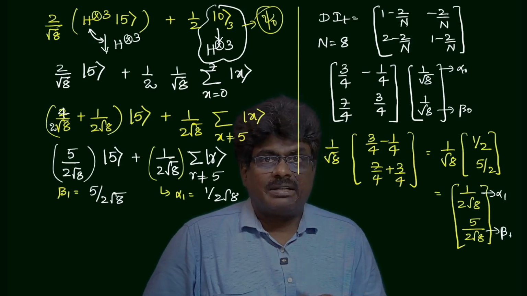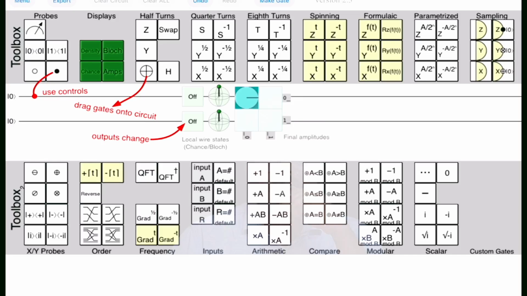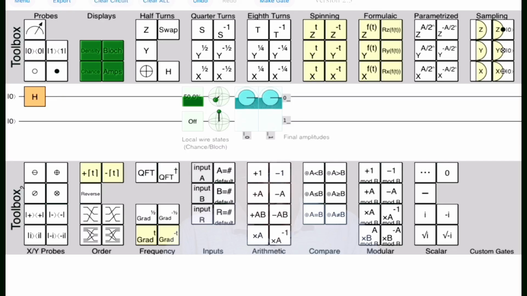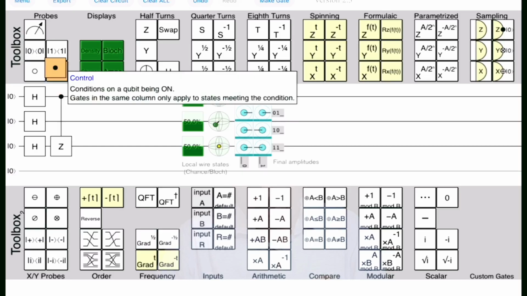Now let us check with this simulator. Here I have taken first the Hadamard for superposition of 3 qubits, and after that our target is 5. So we have to create 1 0 1.